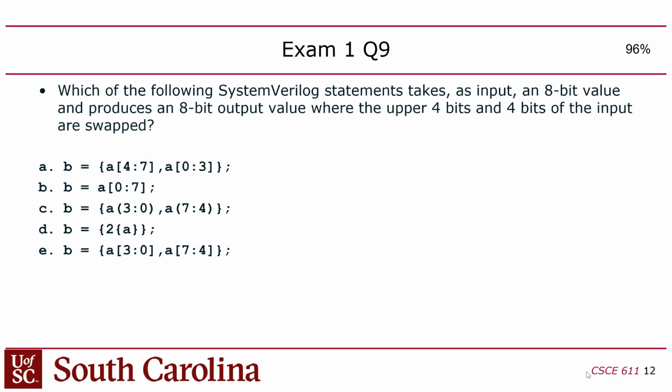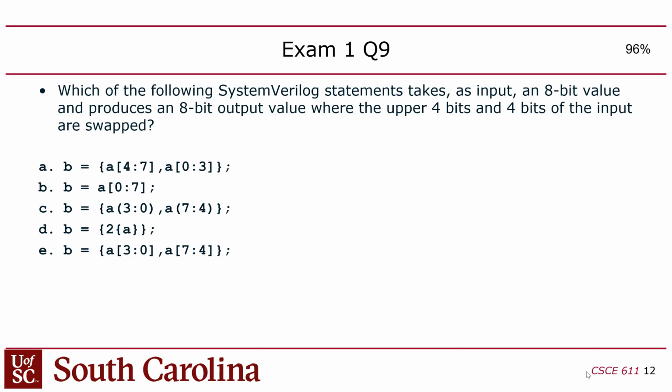Which of the following SystemVerilog statements takes as input an 8-bit value and produces an 8-bit output value where the upper 4 bits and the lower 4 bits of the input are swapped? I guess that's a typo, but 96% of you got this right, and so we're swapping the upper and lower 4 bits of the input.